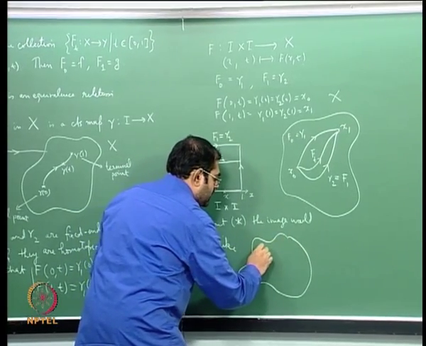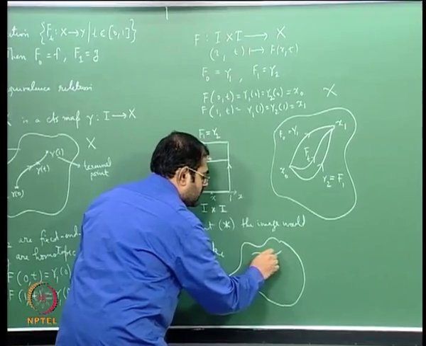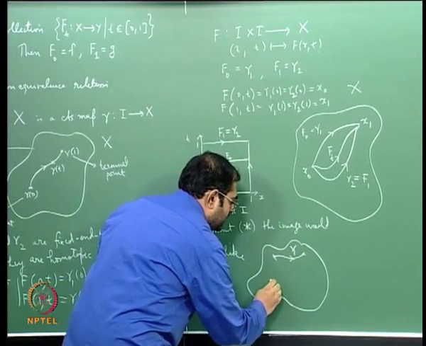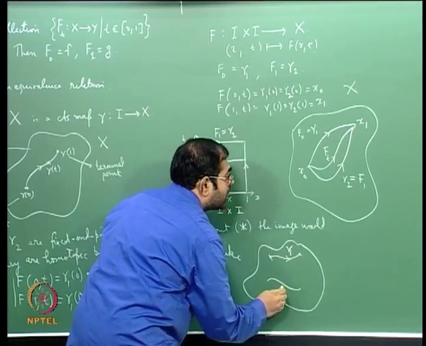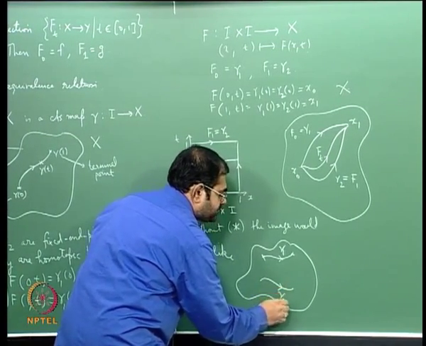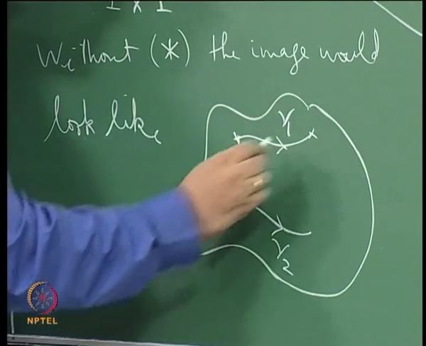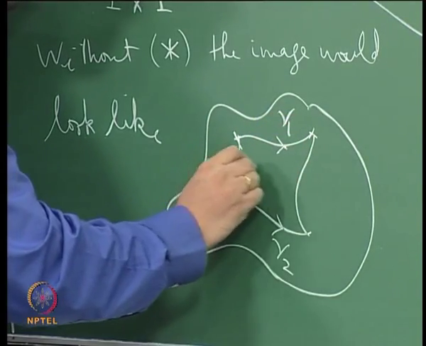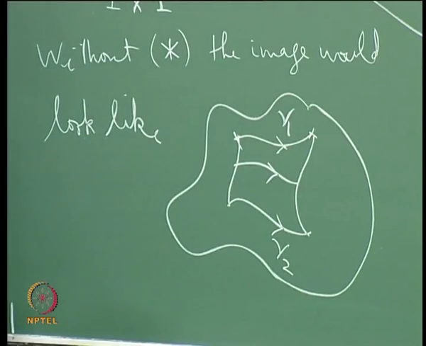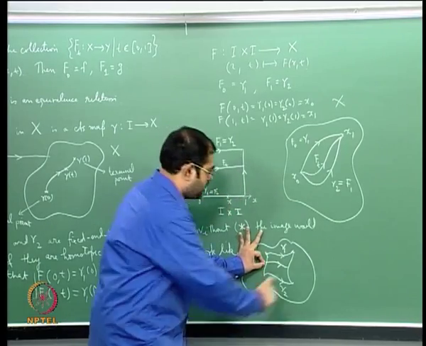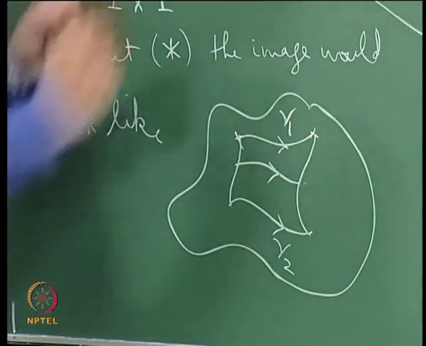This would be gamma 1, this would be the initial point, this would be the final point, and gamma 2 would be something else, and the intermediate paths would have gone like this. But the fixed endpoint condition is that all of this collapses to a point, all of that collapses to a point, and you get a diagram like this.